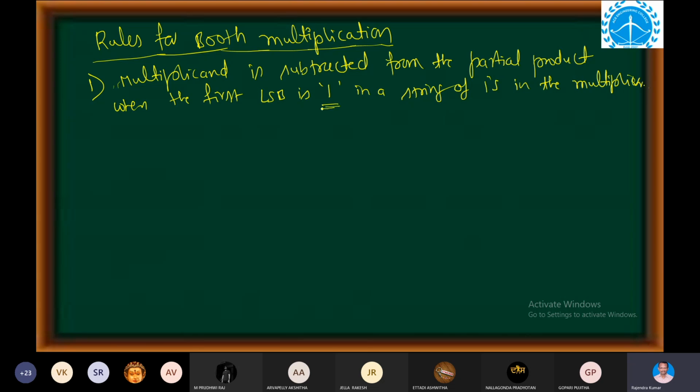That means if the LSB of the multiplier is 1, the multiplicand is subtracted from the partial product.